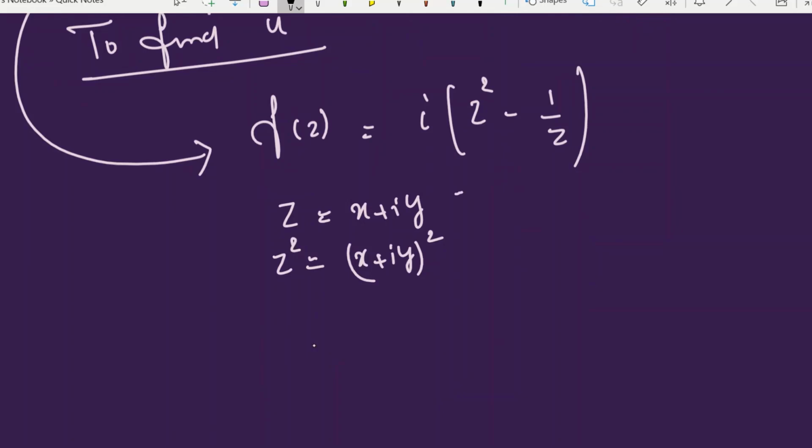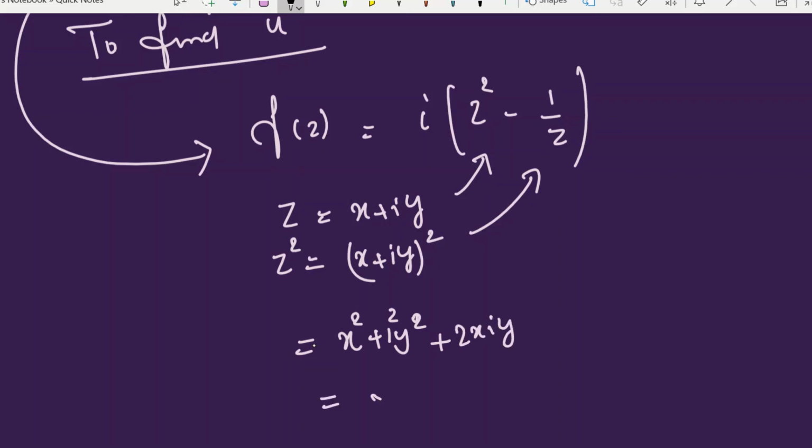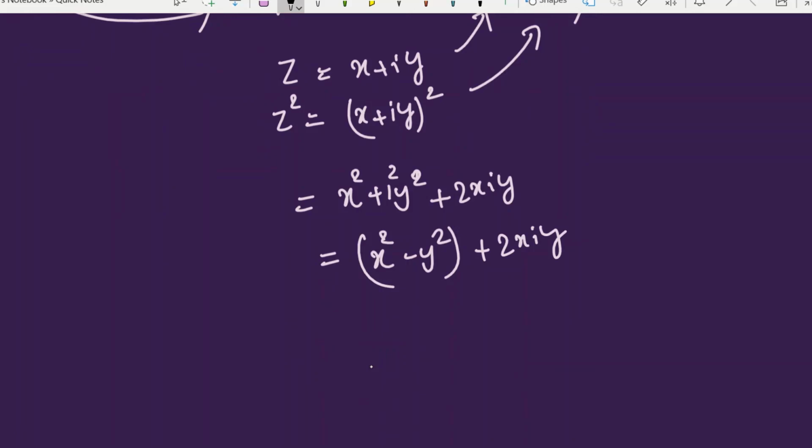Because I have to substitute the values here, z value, z square value. The x plus iy whole square. So x square, i square, y square plus 2x iy. i square value is minus 1. x square minus y square plus 2x iy. This is my z square value.